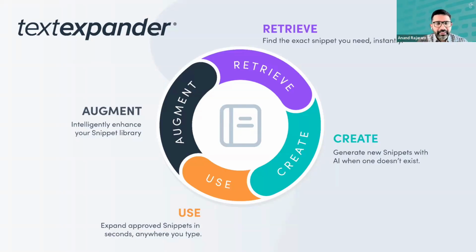Over time, as you use the snippet, we want to be able to learn from it. We want to make sure that the snippet you've created stays current, stays updated, and stays fresh so that it is available for you the next time you need to retrieve it. So this flywheel is how we're thinking about it, where we not only help you surface the right snippet, we also help you create it and augment it as you use the snippet over time.